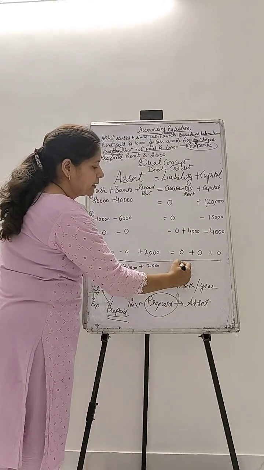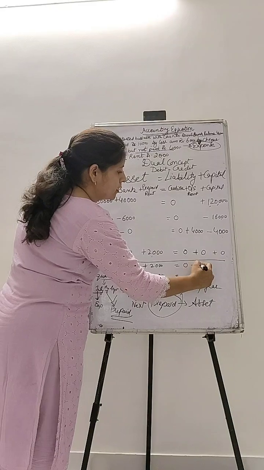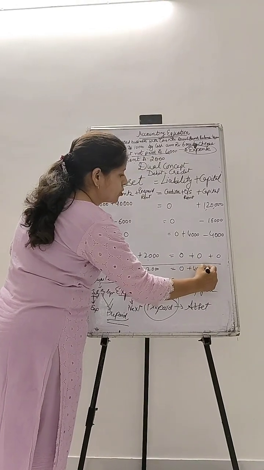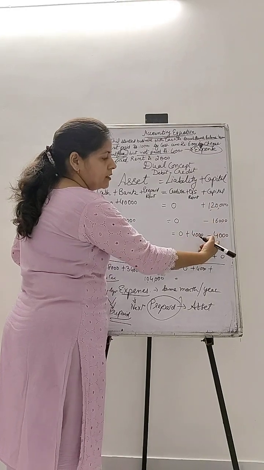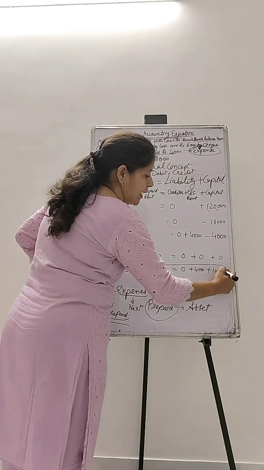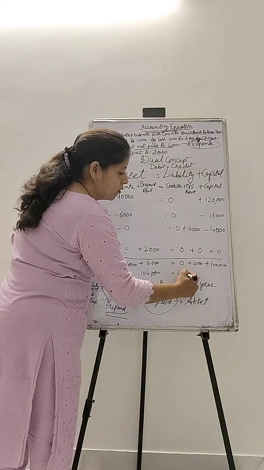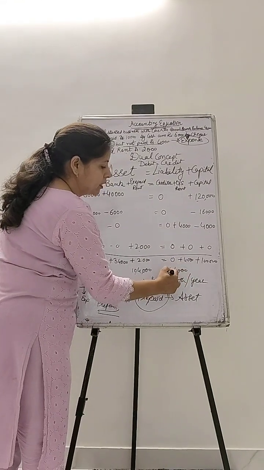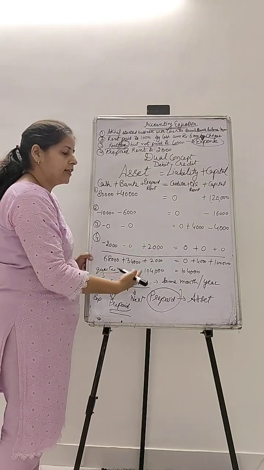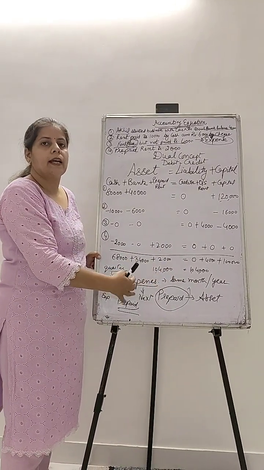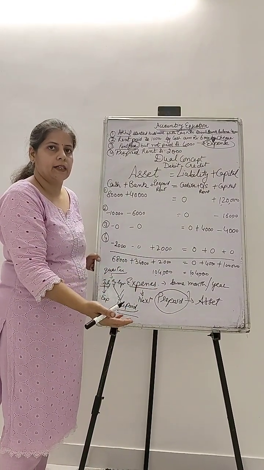And on the other side, creditors were 0, 4,000 was the amount of your outstanding rent. Now the capital, you can see 1,20,000 minus 20,000 gives you 1 lakh. So here 1 lakh 4,000 is equating with your 1 lakh 4,000 on the debit side. My both side totals are equal. That means my accounting equation is right.